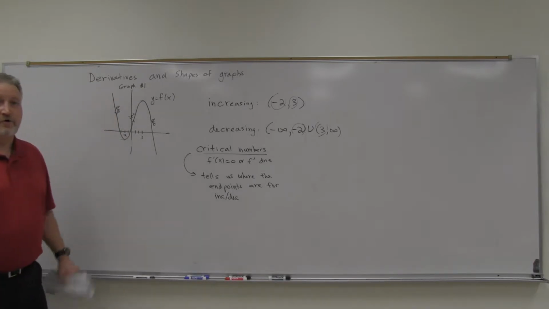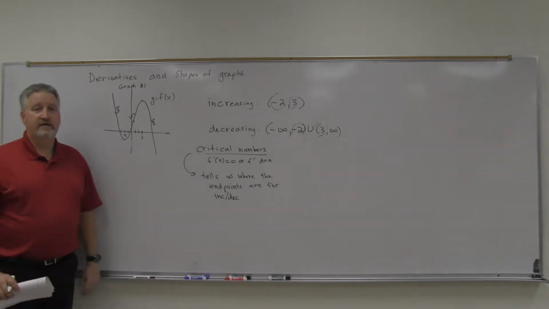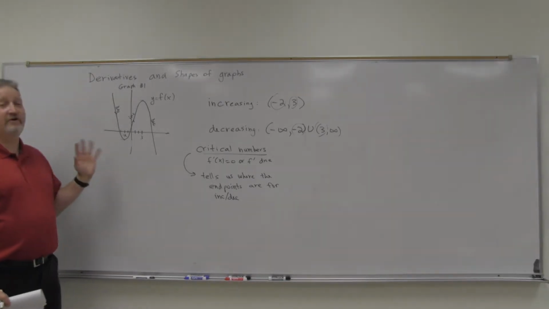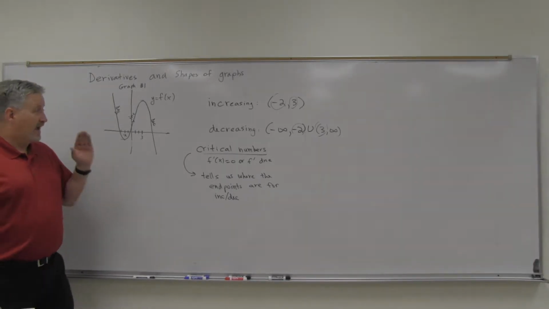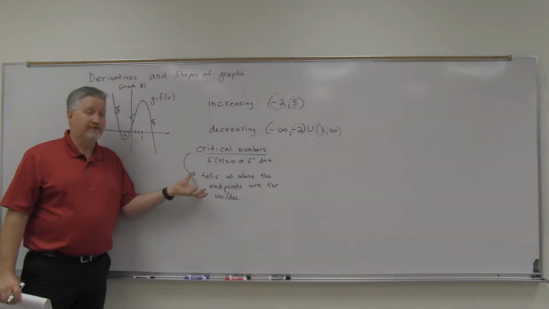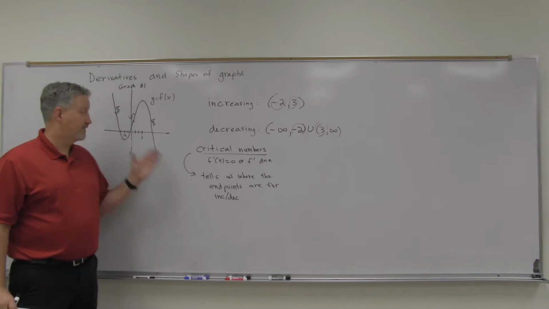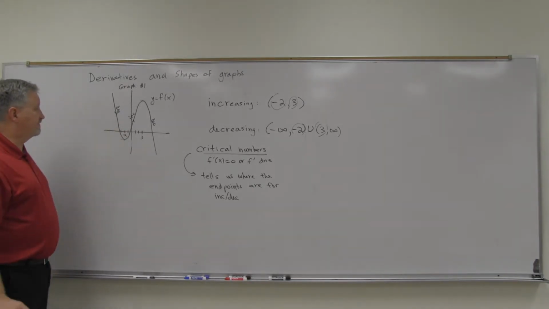So if I don't have the graph, I don't have to look at the graph because the critical numbers give me those endpoints. That's what this confirms here.